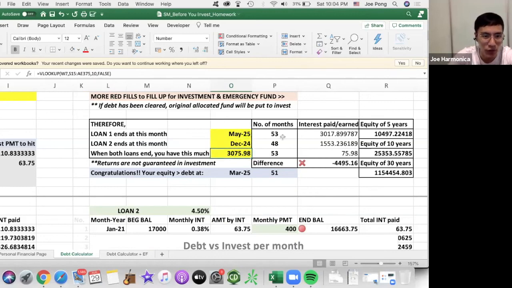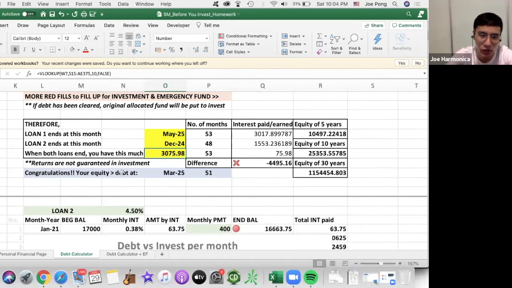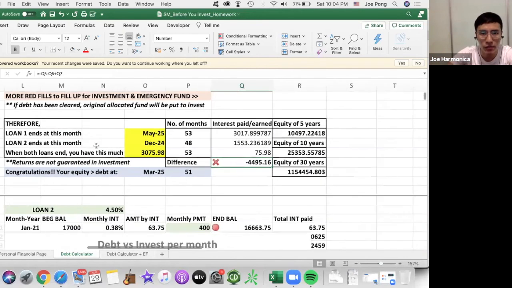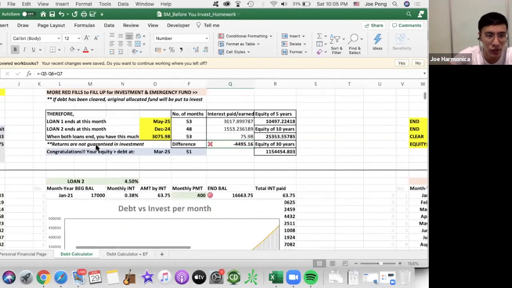And when both of your loans end, how much you have in your investment is 3K. So congratulations, your equity will be greater than debt at what time? And these are the differences between the interest paid on your loans and the interest you gain from your investment. It can be a bit technical, but let me walk you through again.